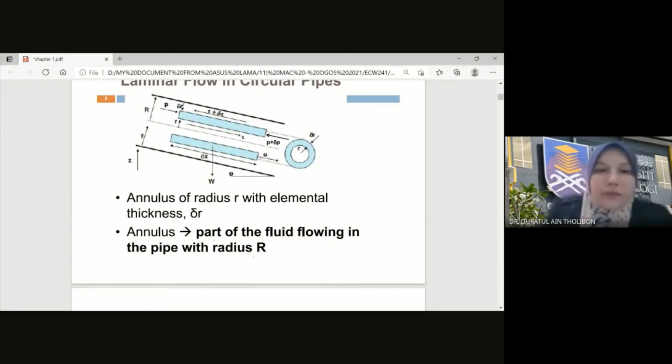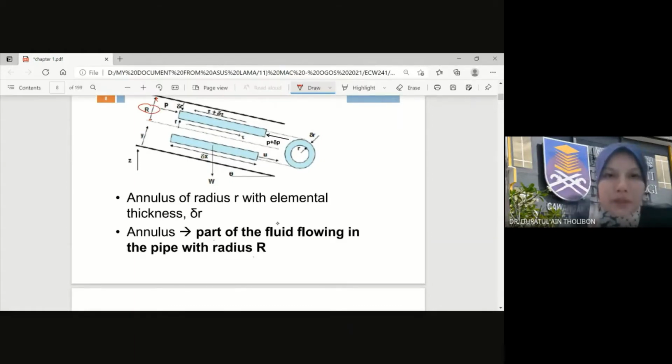Capital letter R is measured from the center to the boundary, the maximum, while small r is measured from the center of the pipe to any point like X.